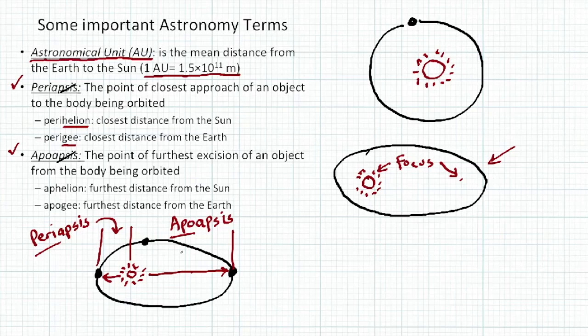But if you can just remember that peri means close, like periscope, makes things look closer, then you remember that apo means further away. But the same thing, Earth going around the Sun, aphelion means furthest from the Sun. And the Moon going around the Earth, apogee means furthest from the Earth, furthest from geo. Okay? So there's a few terms there to kind of get us started.